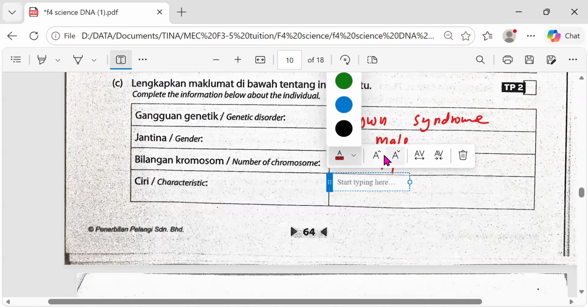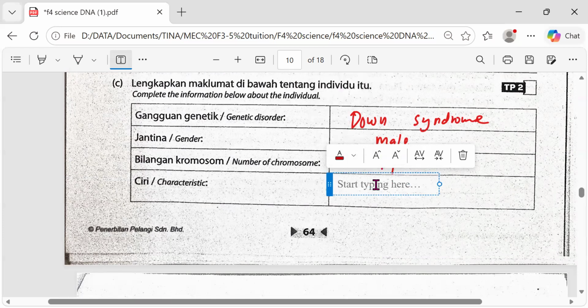So number one is, of course, mentally they are slower. Okay. Number two, they are shorter. And they have shorter necks and they have slanted eyes. Their eyes look like Chinese eyes, Mongolian eyes.